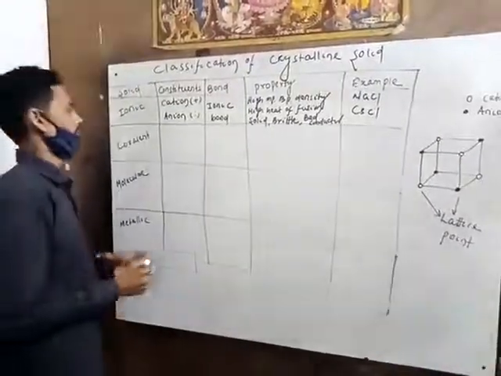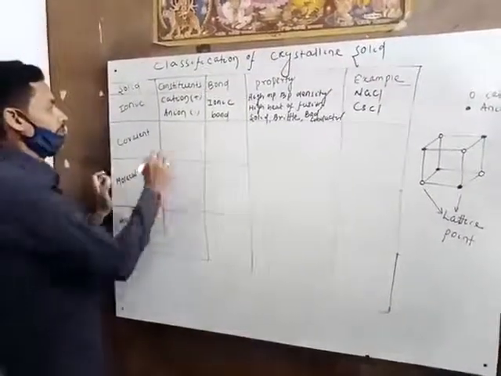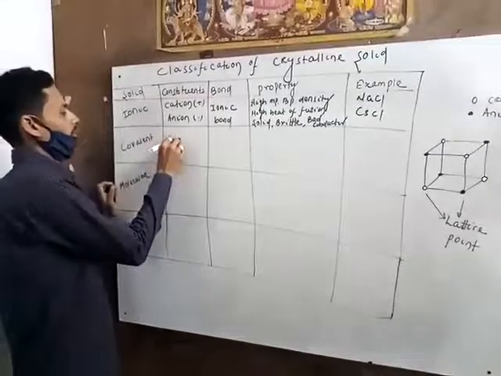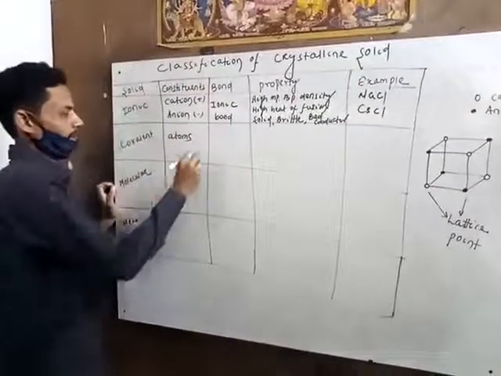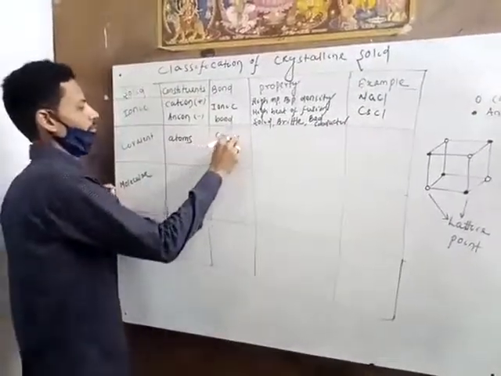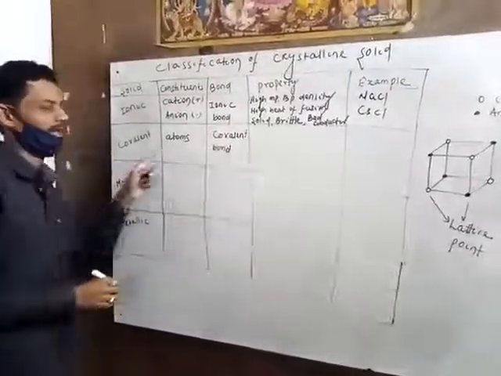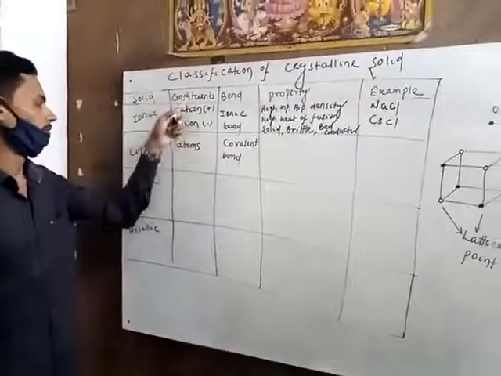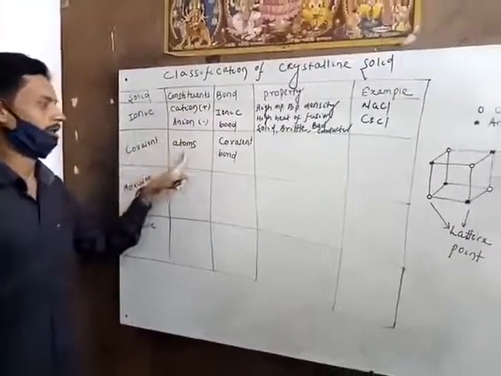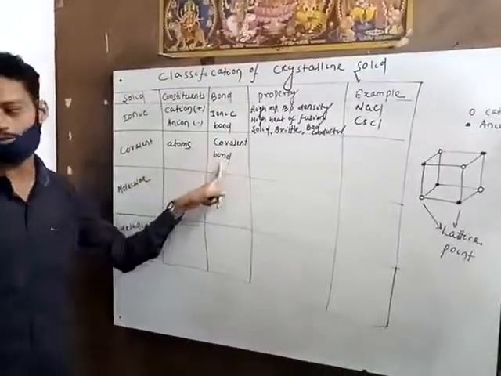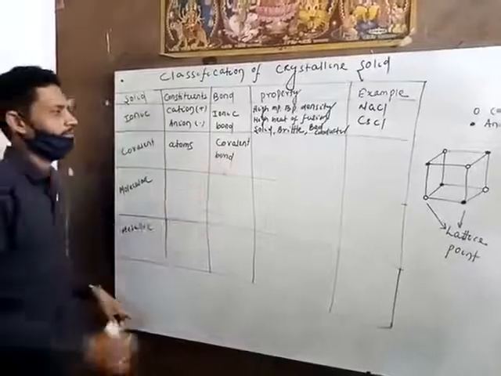Then the next one is covalent solid. Generally covalent bonds are present, and covalent bond exists in atoms. So the constituent particles of covalent solid are atoms, and the nature of force is covalent bond.